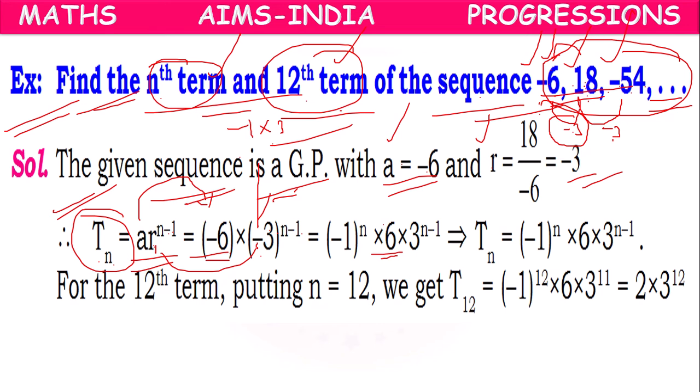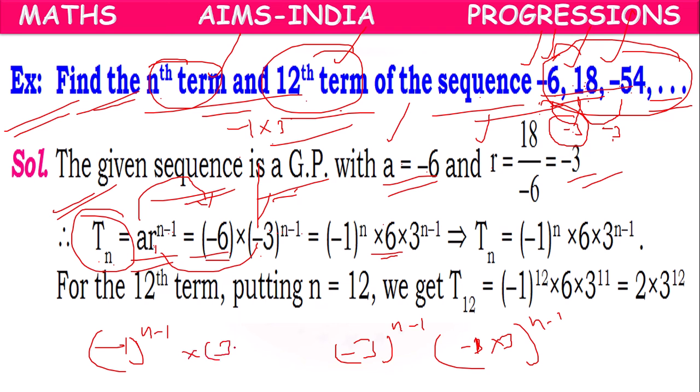So minus 3 whole power n minus 1 can be separated as minus 1 whole power n minus 1 into 3 whole power n minus 1. This we will get here.